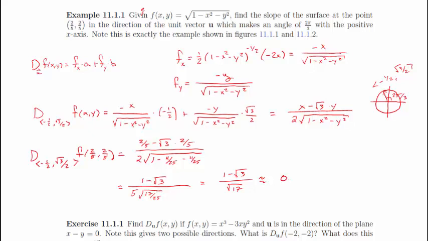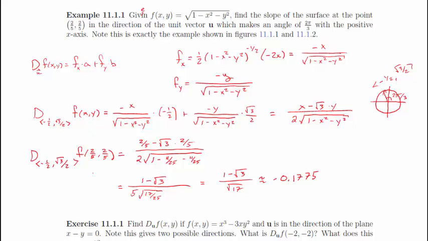negative 0.1775. So this is saying that if we move in the direction -1/2, comma root 3 over 2, in the u direction, at the point 2/5, comma 2/5, then the instantaneous change in z, the slope in that direction, is negative 0.1775.